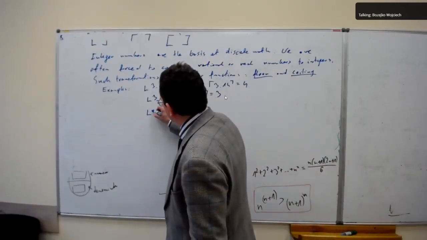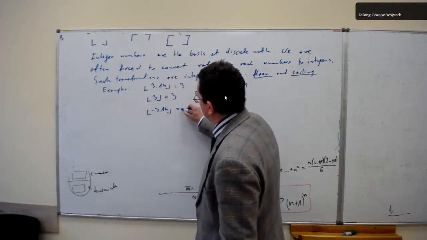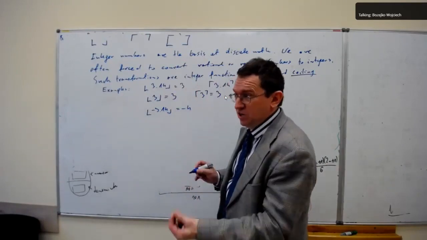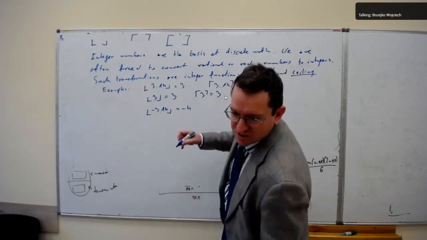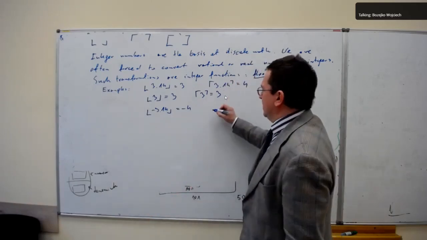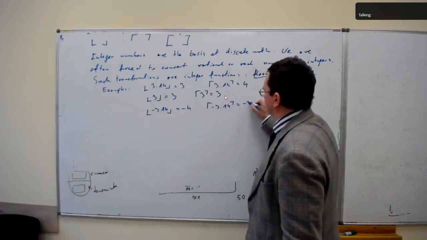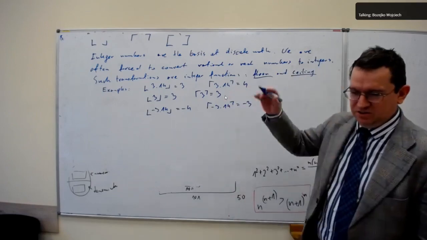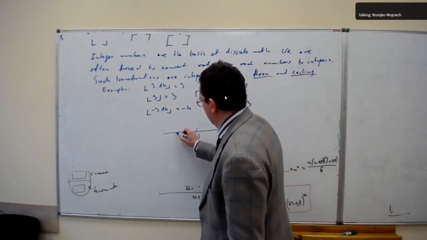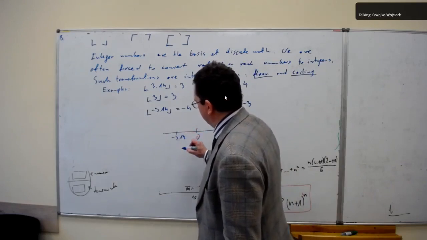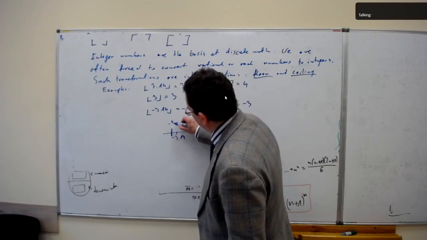If we take minus 3.14, the floor will be minus 4, because this is the nearest integer smaller or equal. So smaller than minus 3 is minus 4. Yeah? And ceiling from minus 3.14 is minus 3. So it takes the nearest, like here. Yes, we have 0. Here is minus 3.14. And the nearest integer lower is minus 4.